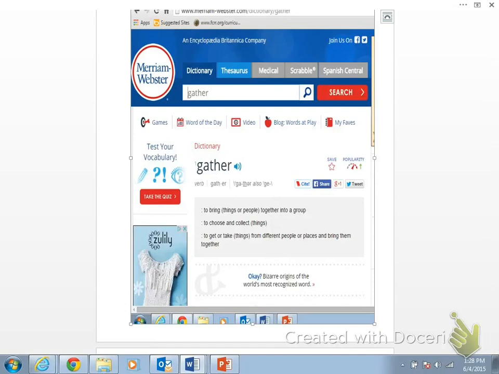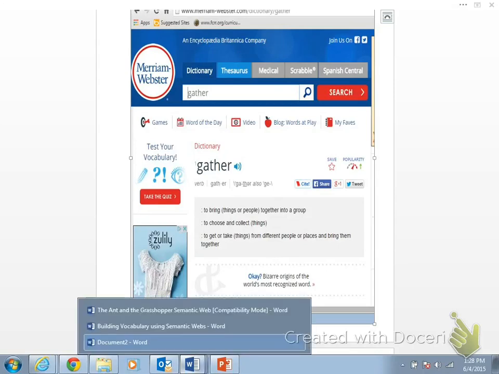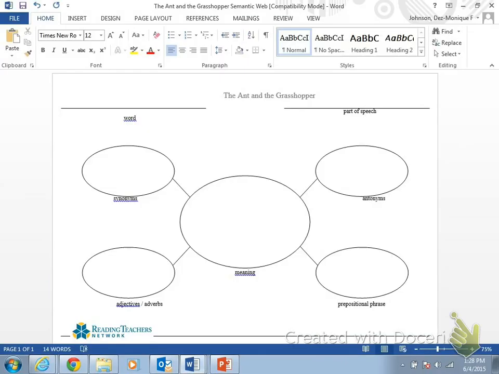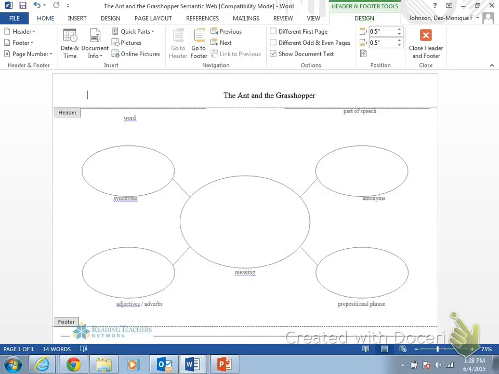It is a verb. So let's go ahead and get our pencils ready, boys and girls, and let's go to our semantic web because we can start filling in some information right now. All right, so we know the word and we know the part of speech. Which word are we working on? Gather. So let's go ahead and we're going to write the word gather.